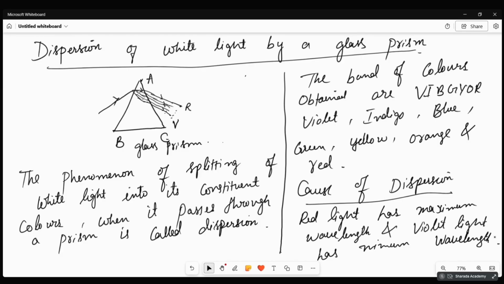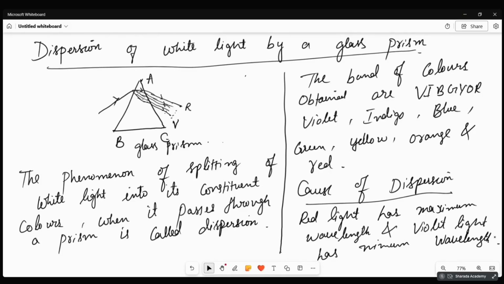Again, I repeat. White light has 7 colors with different wavelengths. When traveling in air or vacuum, they have the same velocity so they do not bend at different angles. But when they travel in any other medium, colors with different wavelengths have different velocities.